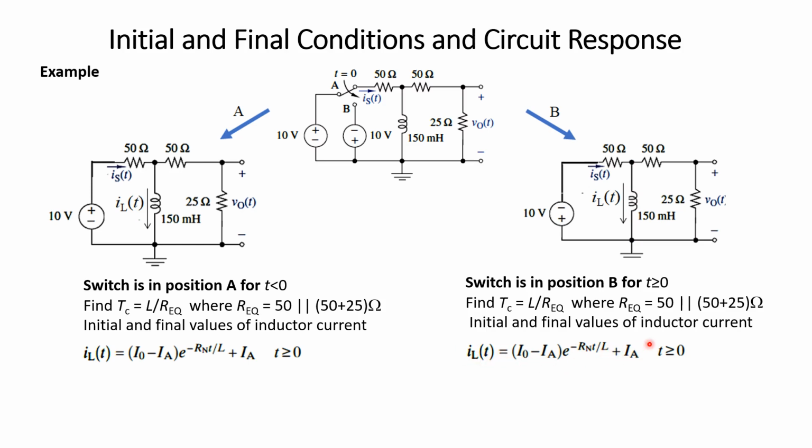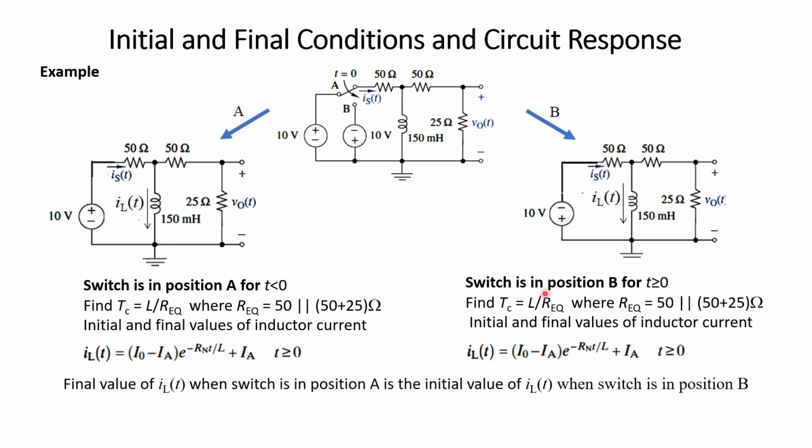response by using the initial value, the final value and the time constant, and then we find IL when the switch is in position A. Okay, the final value when the switch has been in position A for a long time, and then we move the switch from position A to B at t equal to 0.